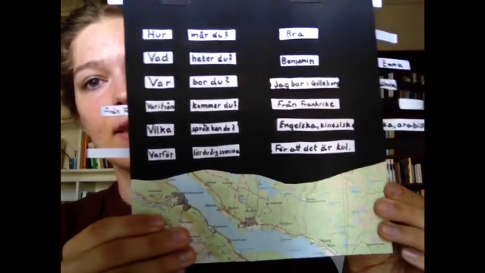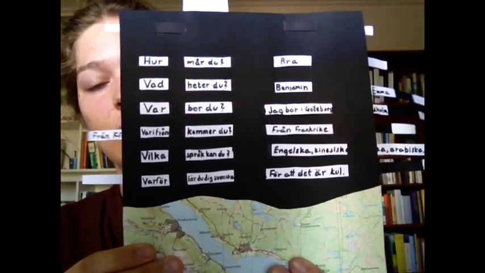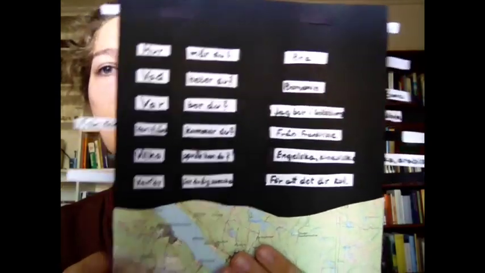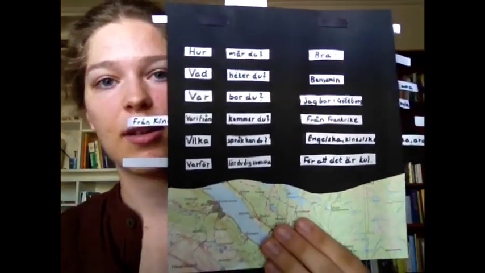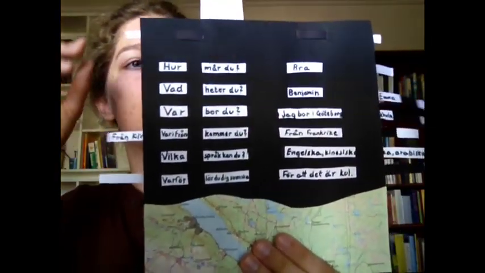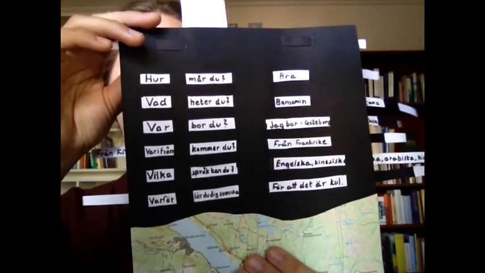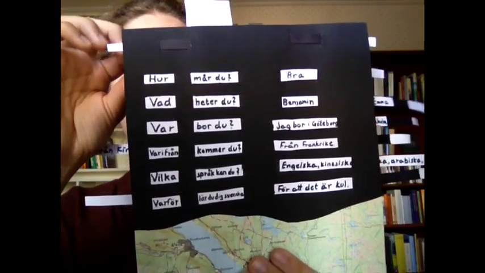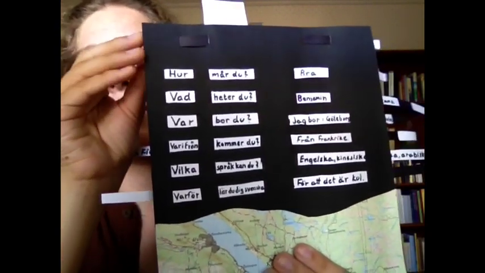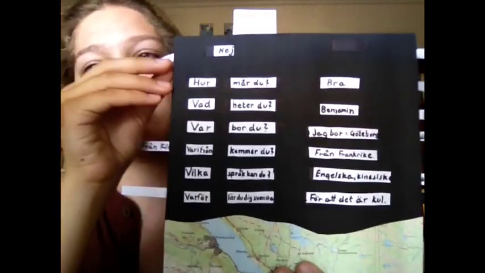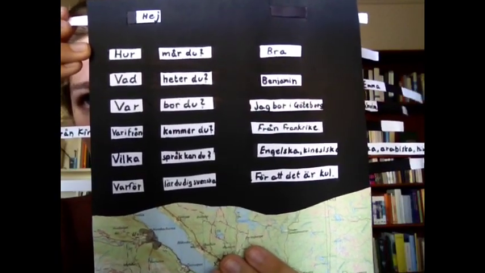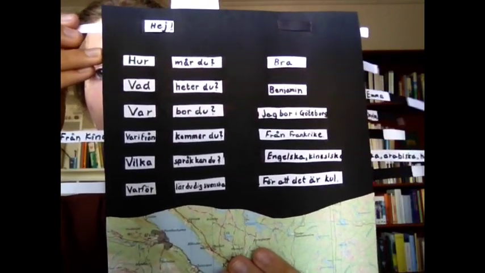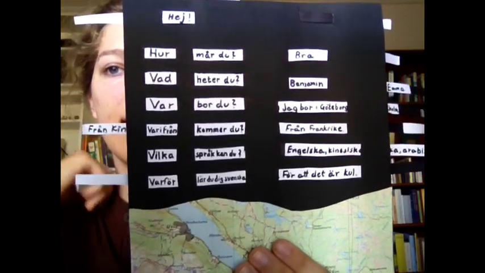So, yes, if I read through this conversation. But first, something is missing to make this a proper conversation. And that is, of course, greetings. And, you know, Swedes are very boring when it comes to greetings. Because we don't have a big variation. I mean, the only thing we can say is hi. Or like, hello. And that's hej.